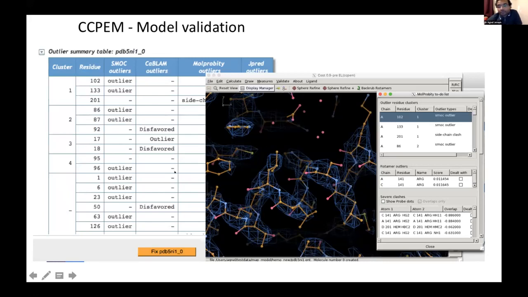But this sort of clustering will point to serious issues in the model, which need to be fixed first before looking at other individual outliers. And there's a link to the COOT interface there, where these outliers can be fixed. So you get a window with a list of outliers where you can fix them.